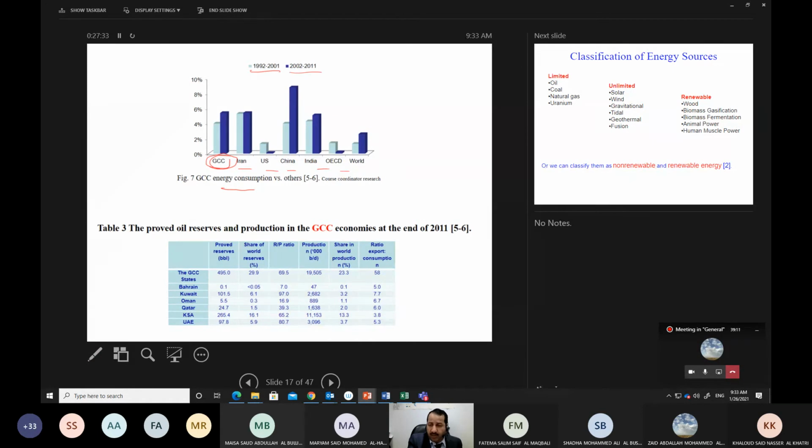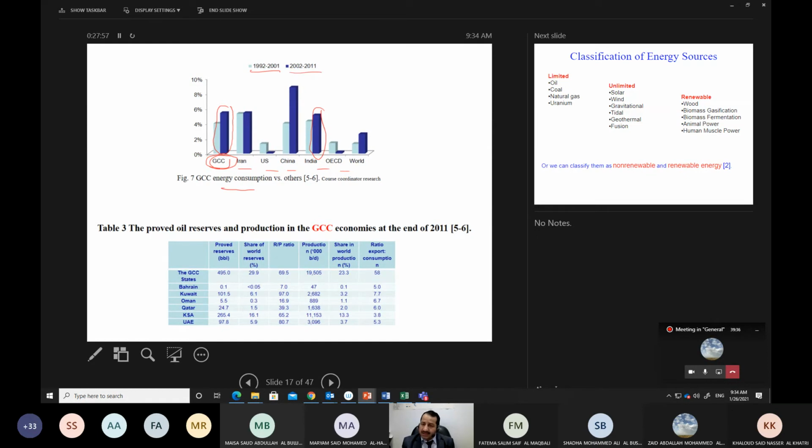Small countries, the population is still small, but see their energy consumption compared with India. You can now understand the comparison. India has not less than 20 times the population, but they consume almost the same amount of energy.